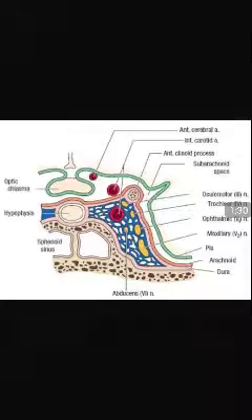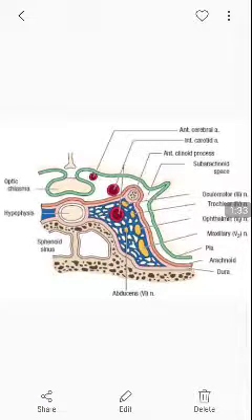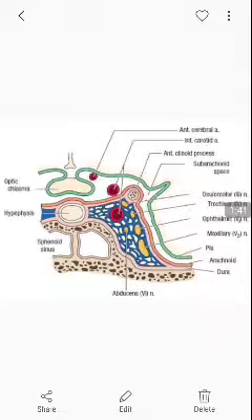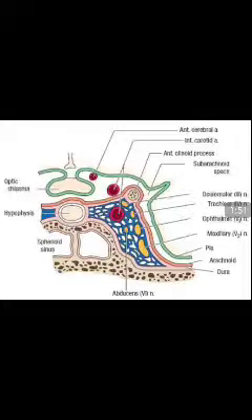This internal carotid artery, the red one here, passes through the substance of the cavernous sinus, whereas all these nerves except the abducent nerve pass through the lateral wall, and the abducent nerve passes infralateral to the internal carotid artery.